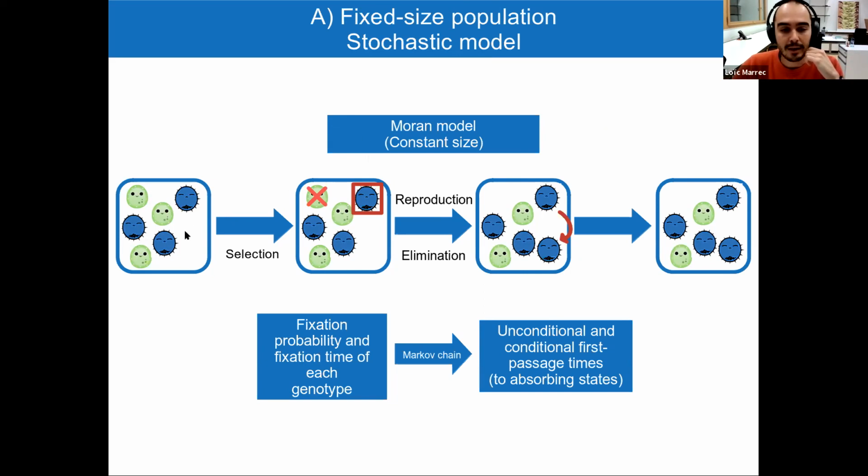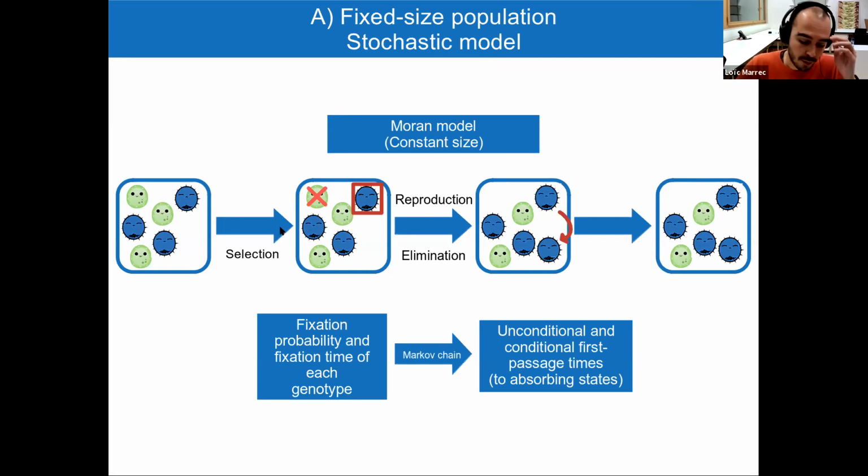You have a population of microbes, and at each time step of the simulation, you select an individual for division and another one for death, in such a way that the population size remains constant over time. This model is very convenient because it enables you to compute the fixation probability of each genotype and the fixation time as well.